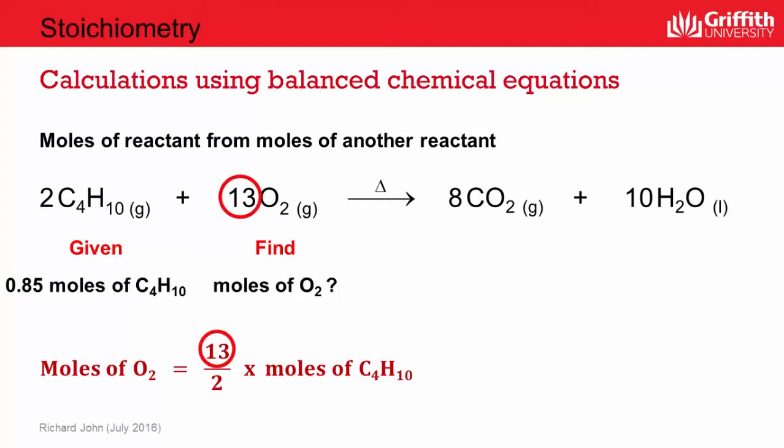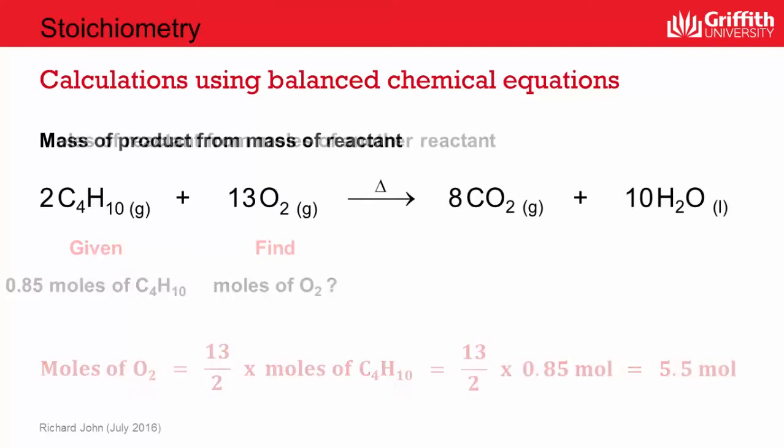The 13 comes from the stoichiometric coefficient of the substance I've been asked to find information about, and the 2 comes from the stoichiometric coefficient of the substance that I've been given information about. Moles of O2 equals 13 on 2 times 0.85 moles, and that number is 5.5 moles. So I would require exactly 5.5 moles of oxygen to react with 0.85 moles of butane.